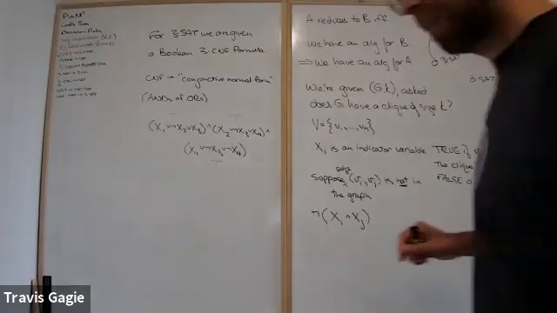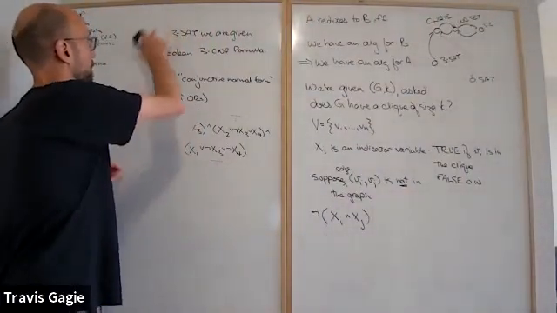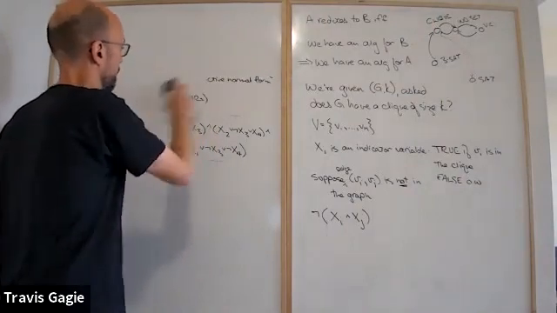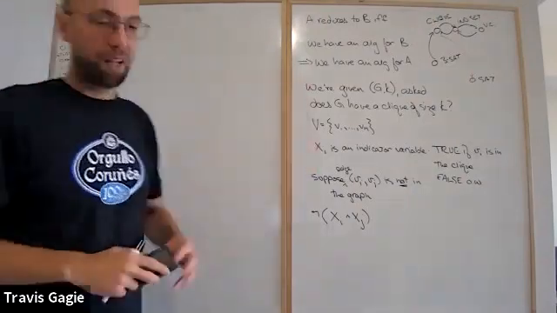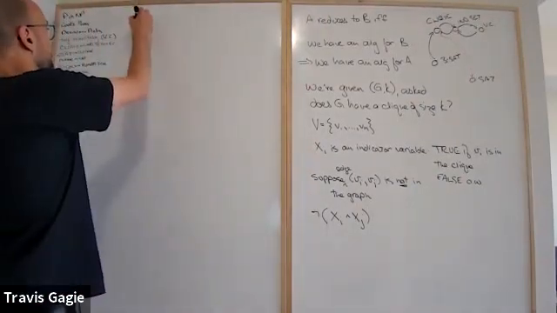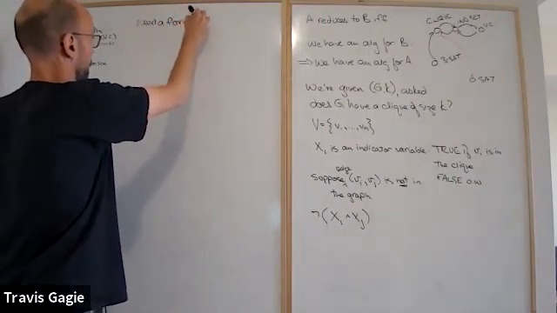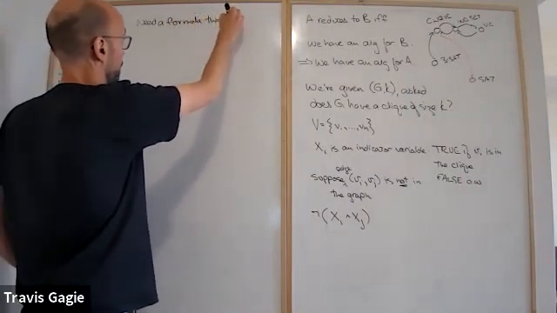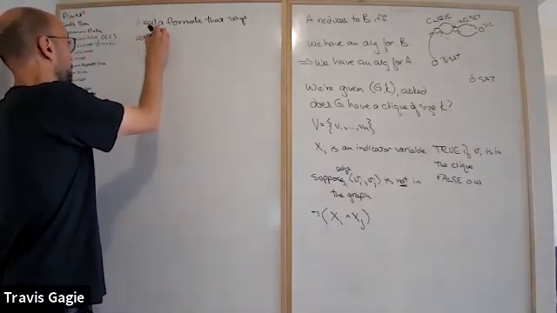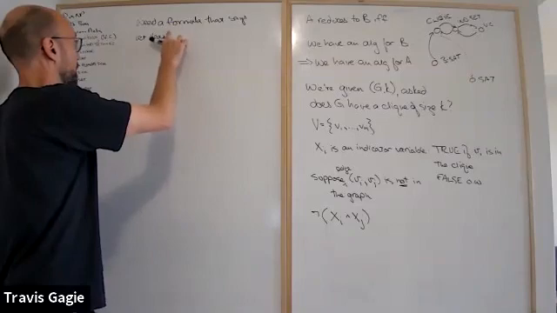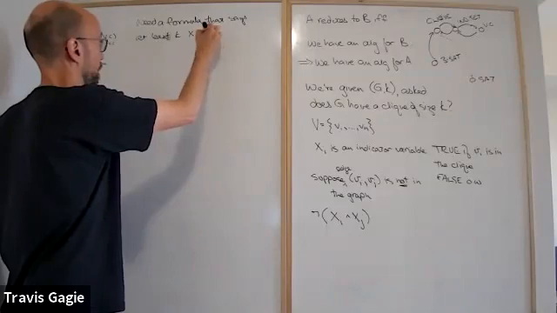So what we're going to do, we want to write a formula that says at least k xi's are true.